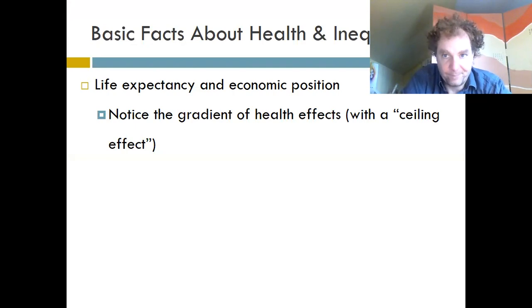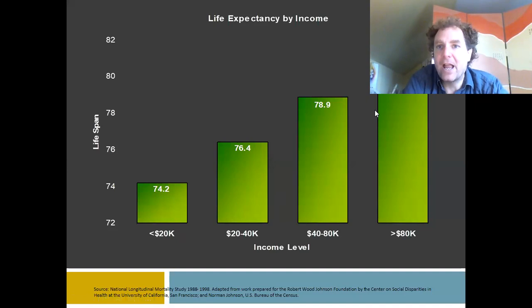Here's an important thing. It's not just a relationship that holds between the most wealthy and the poorest, but there is what's called a gradient of health effects. What I mean by a gradient of health effects is that a little bit more money gets you a little bit more life.